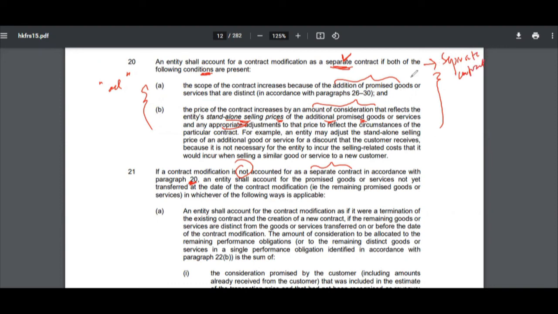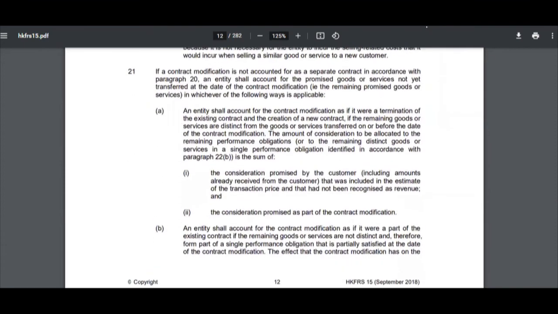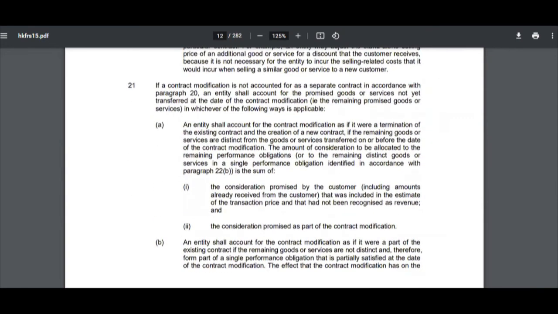So contract modifications will be accounted for as a separate contract if these two conditions are met, and not accounted for as a separate contract if the below conditions are present, right? You will have to actually read and apply these conditions in the exam.